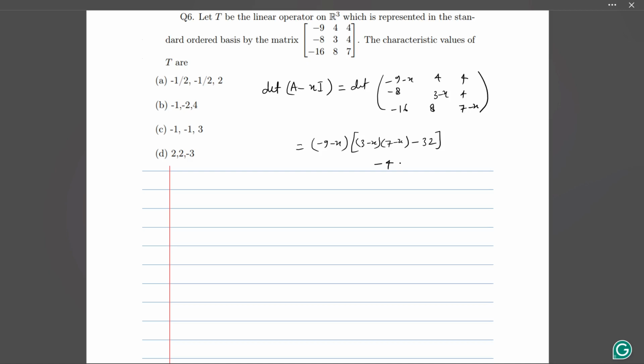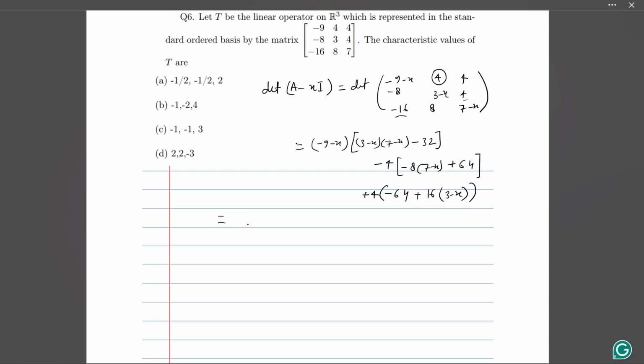Minus 4, according to leaving the first row and second column, so this will become minus 8 times (7 minus x), plus 64, 16 into 4. The third term is plus 4 into: 8 into 8 is minus 64, minus 16 becomes plus 16 into (3 minus x).